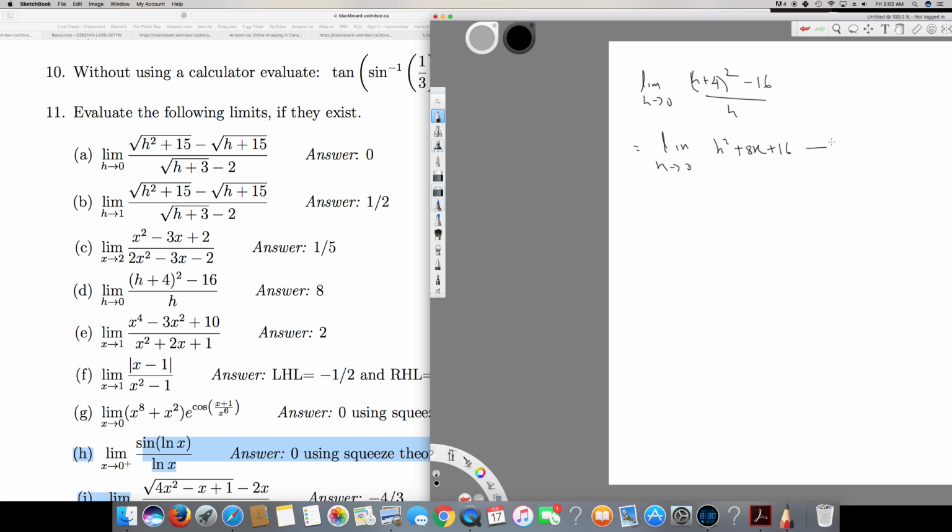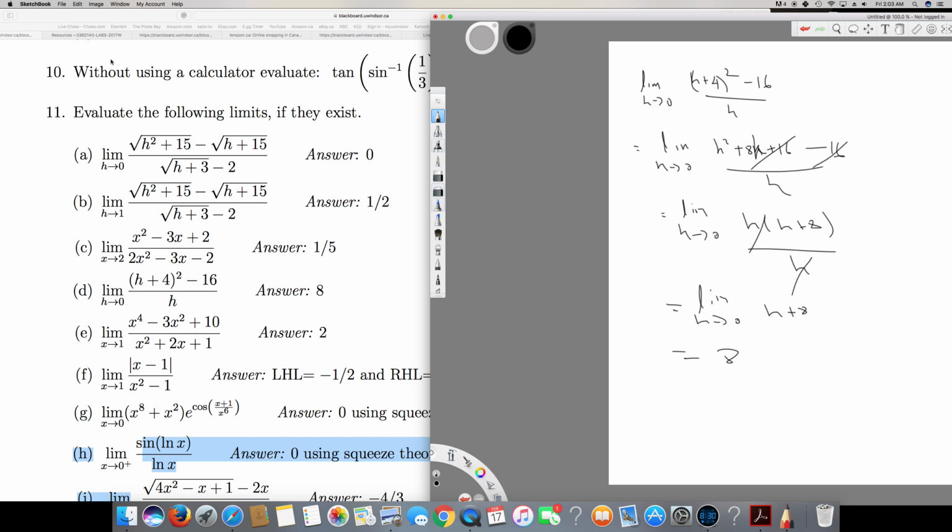This is the expansion, and minus 16 over h. 16 and 16 cancel, therefore the remaining thing is h square plus 8h. I can take h common, so it's going to be h plus 8. In the bottom we have h, which cancels, so limit h approaches 0 of h plus 8. I can now plug the 0 value. 0 plus 8 is 8. So that's the answer here.